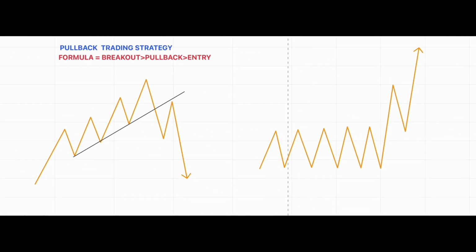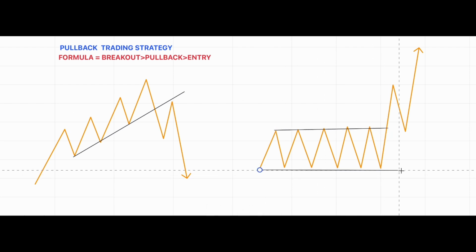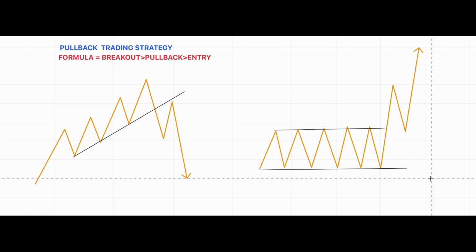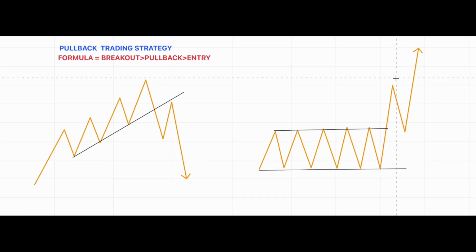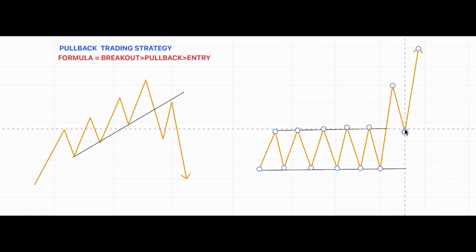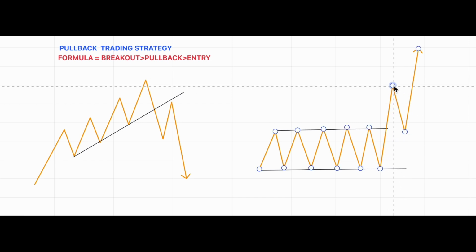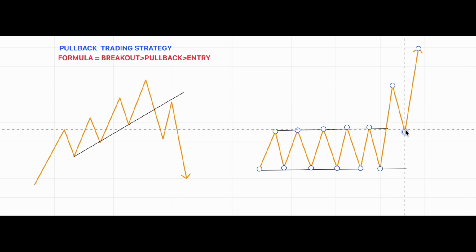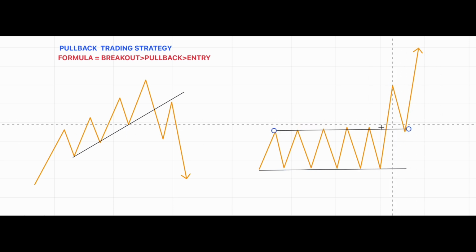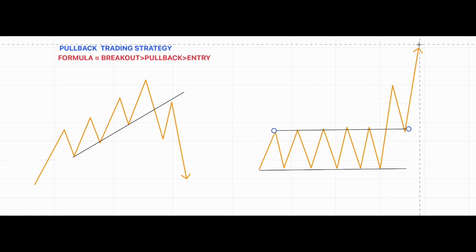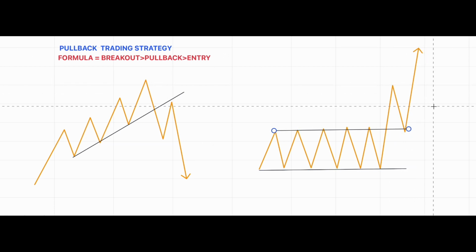Another type of market is when the price is going sideways. This is a consolidation. When the price breaks out of the sideways market, we just have to be patient and wait for the price to pull back to the zone or the nearest supply and demand zone available. Then we make our entry and aim higher.